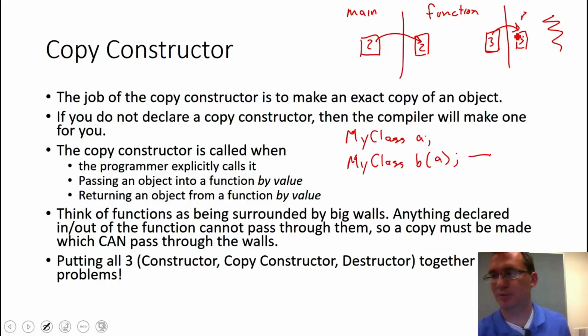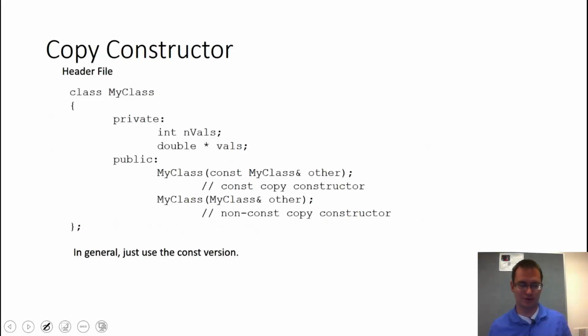And so the copy process copies the values out of the function as well. Unfortunately, if we put all 3 of these things together, we can get problems. And I'm going to demonstrate that here. Okay, the next slide. Anyway, there's a couple ways you can declare the copy constructor.